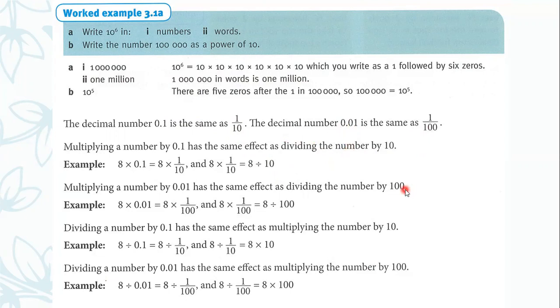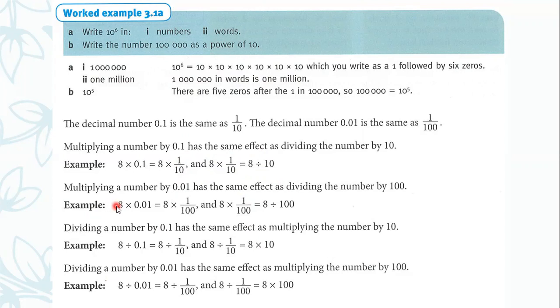Now suppose you are multiplying 8 by 0.1. It means you are multiplying 8 by 1 by 10. 8 multiplied by 1 is equal to 8, and divided by 10, so it equals 8 by 10.